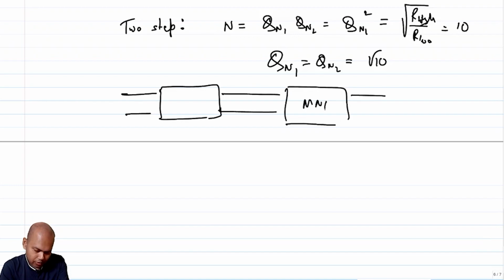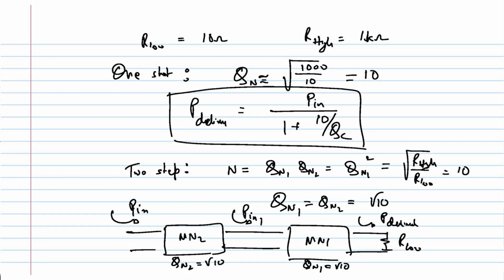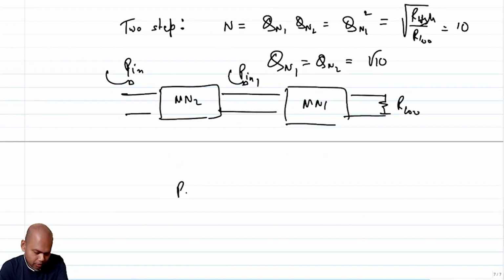This is mn1, this is mn2, and this is your R low. Now we are talking about the power in, and I am trying to figure out what will be the power going out, assuming some power is lost in the matching network. So this is power in 1. And what is power in 1?